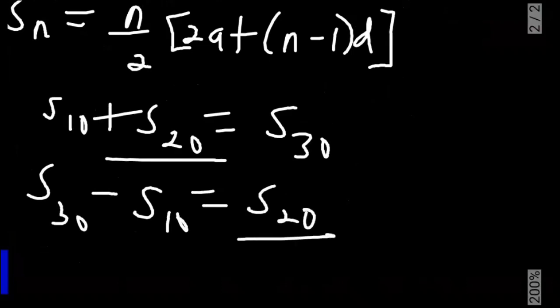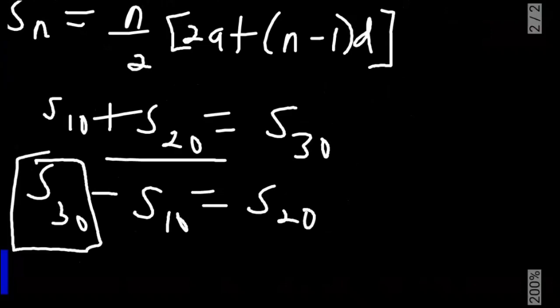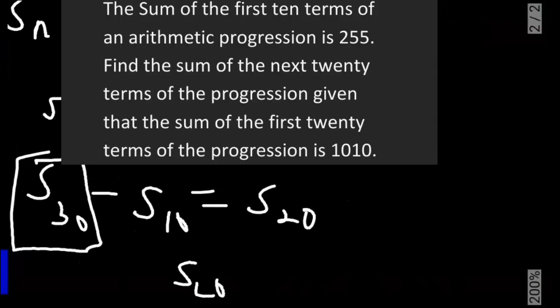It means this is our focus. We are to get this. You are not told to get the sum of the first 20 terms because you were given that already in the question. If you look at the last line of the question, it says given that the sum of the first 20 terms. So you were not told to find the first 20 terms.